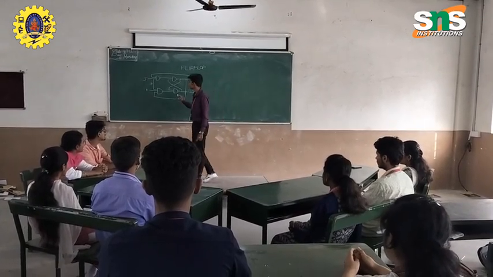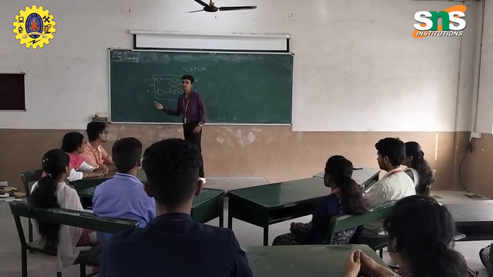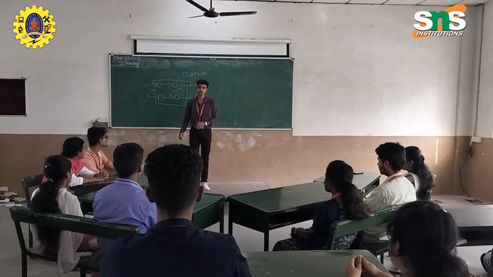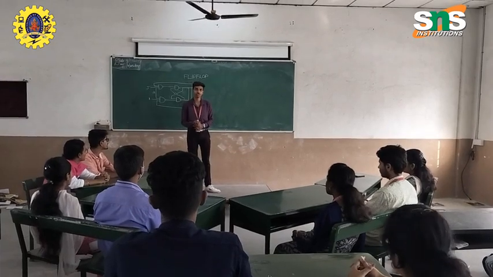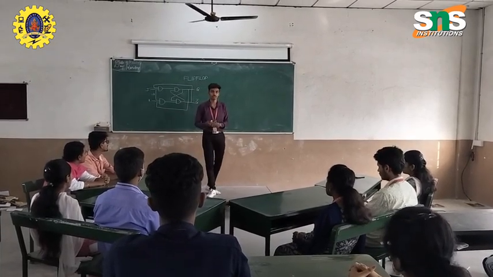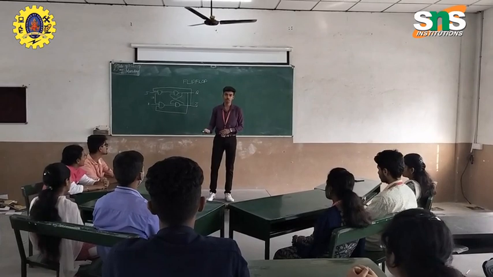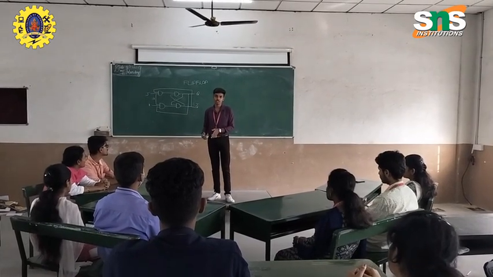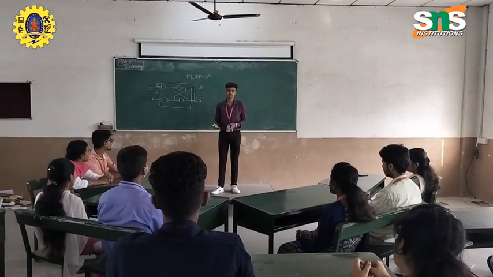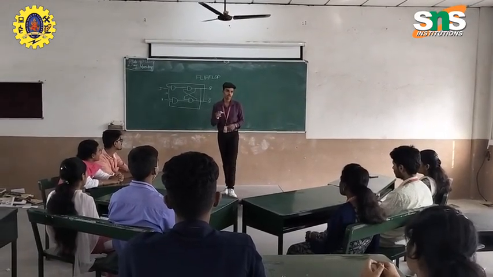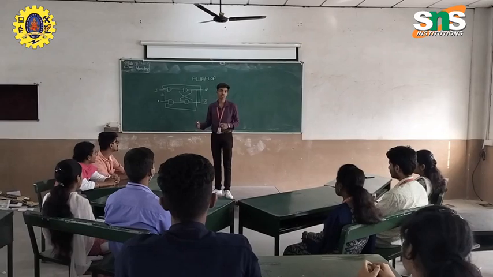So the truth table of the JK flip-flop: if you give 0, 0 as input, the output will be the previous output, so it is known as memory. If you give 0 and 1, the output will be 0. If you give 1 and 0, the output will be 1. If you give 1 and 1, in the SR flip-flop we didn't get any output, but here you will get an output known as Q complement.